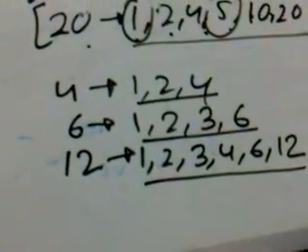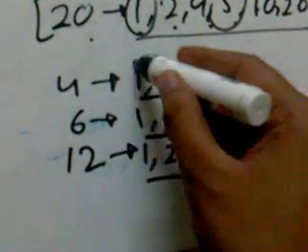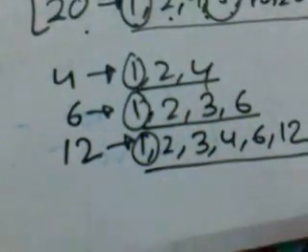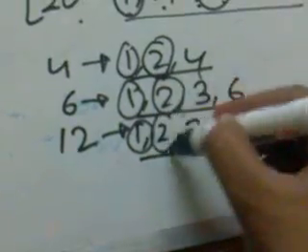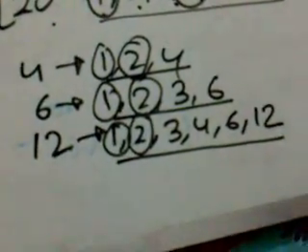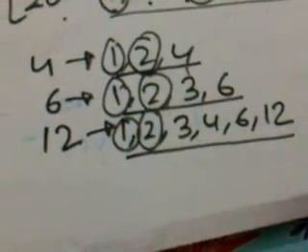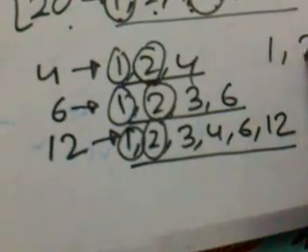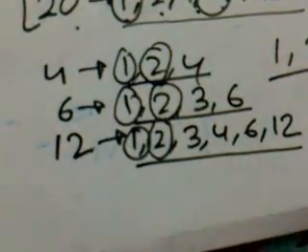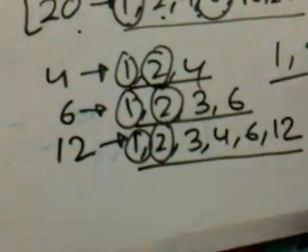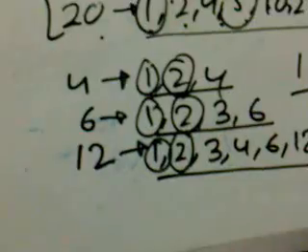Now we have to choose the common factors of 4, 6, and 12. 1 is a factor of 4, 6, and 12. 2 is a factor of 4, 6 and 12. There is no other number common among the factors of 4, 6 and 12. So we have only two numbers, 1 and 2. The highest common factor is the highest among all the common factors, so here the highest common factor is 2.